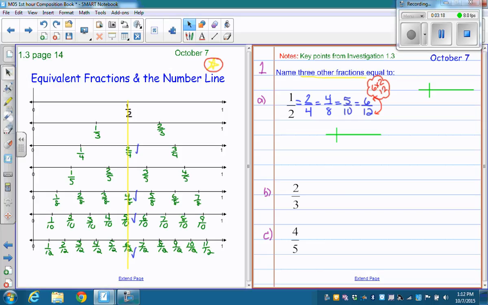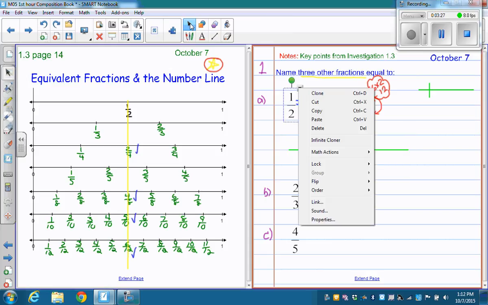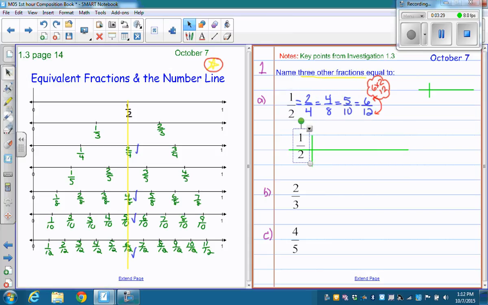And a good way to find other fractions that are equal to 1/2 would be to continue working with our ratio table tool. So I'm going to set up a ratio table here, with this fraction 1/2. Put it right in my ratio table. So even though we're talking about fractions, we can treat this like the ratio 1:2.